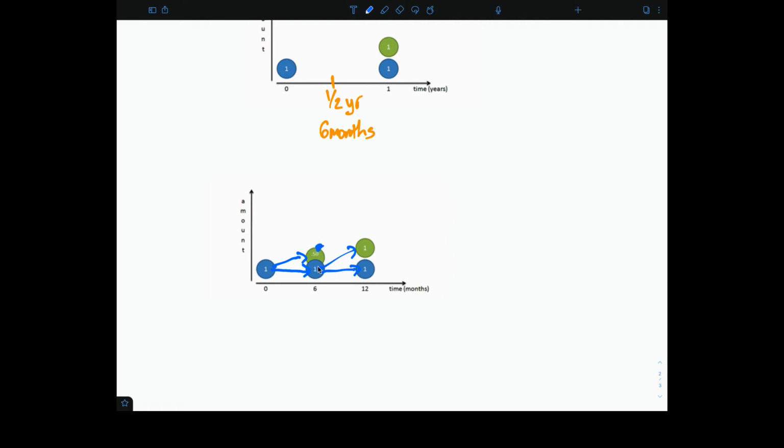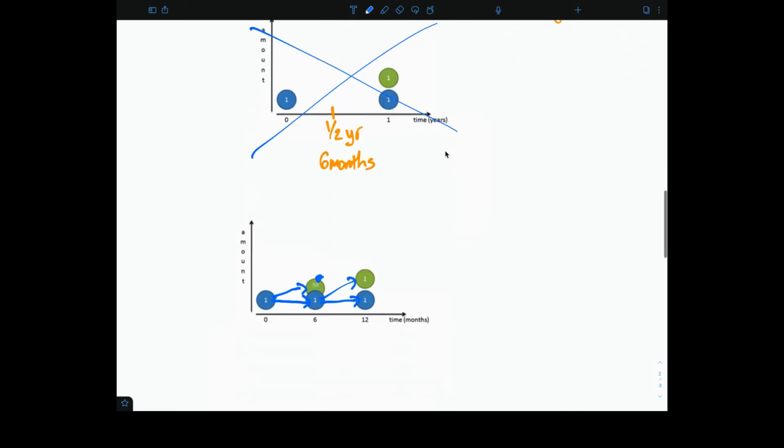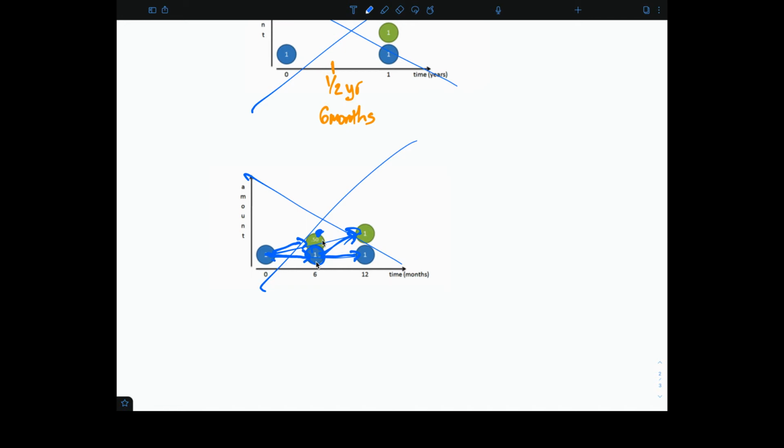So just like the previous one, this too is incorrect, because you are doubling this 1. This 1 does become 2, right? But moreover, this 50% is also doubling.